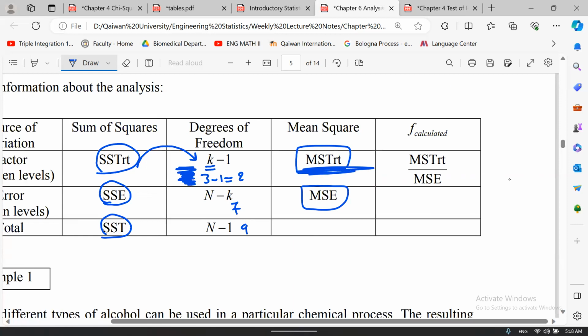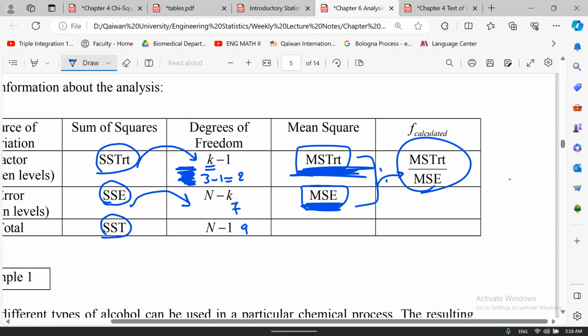And MSE could be obtained by SSE dividing by 7. We get MSE. And then F calculated, or F test, is the division of these two. Dividing MSTRT by MSE, we get F calculated, and that's it.